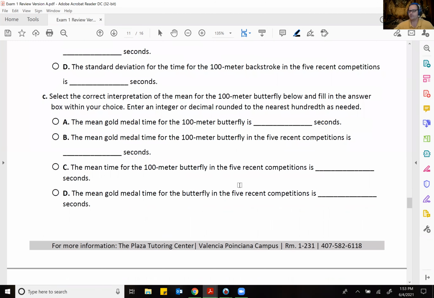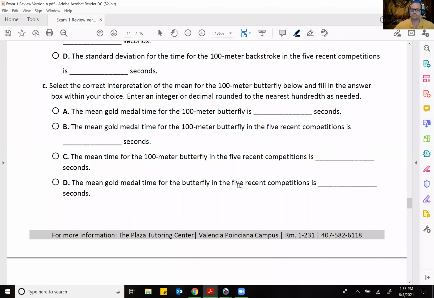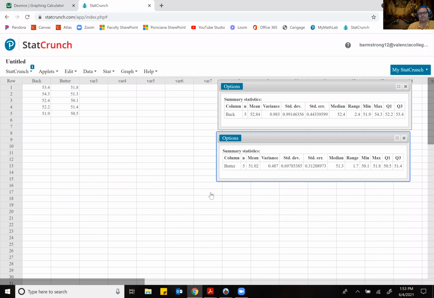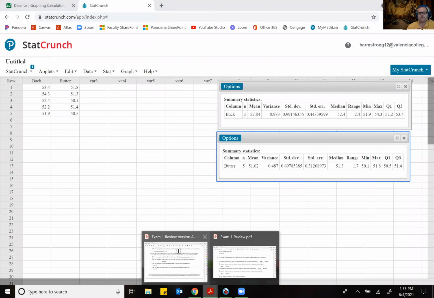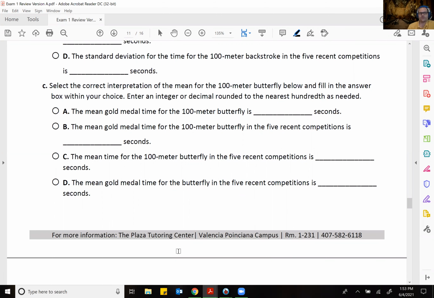All right. C. So this one wants to know what is the mean for the 100-meter butterfly. And we are rounding to the nearest hundredth. 51.02. Which one has the true description?